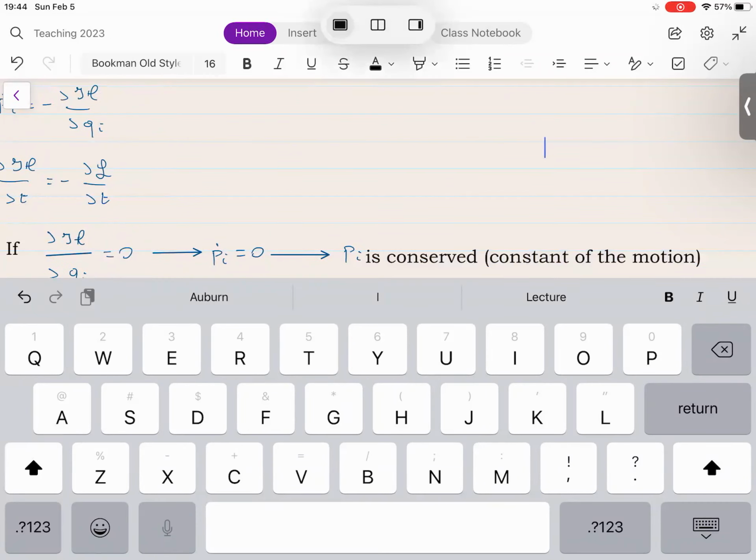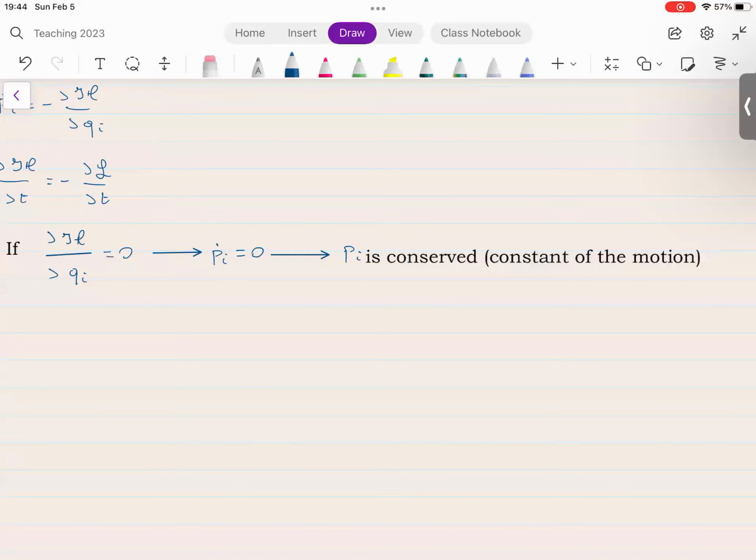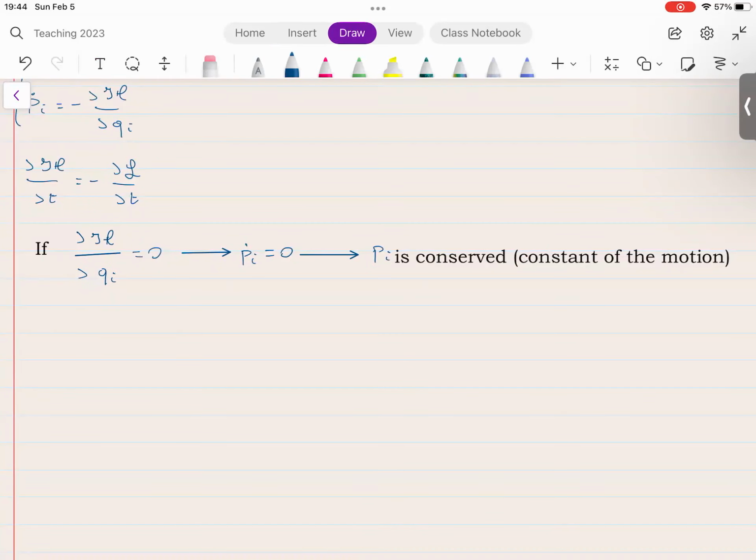Okay, so that's a brief reminder of all these things that you already know from classical mechanics.